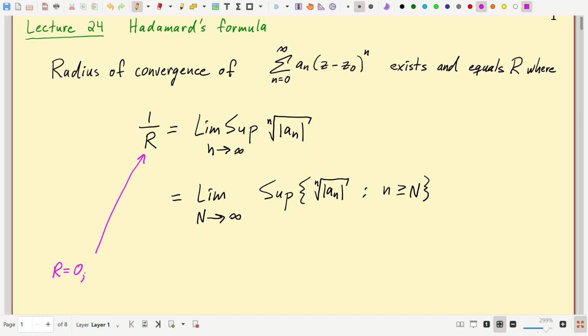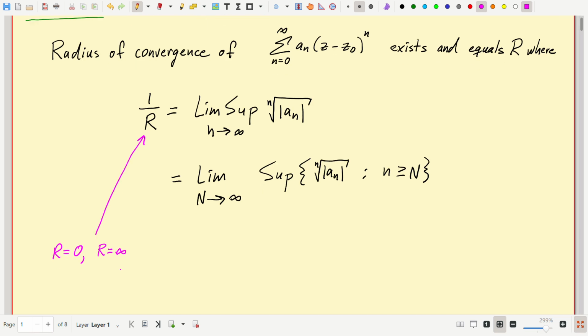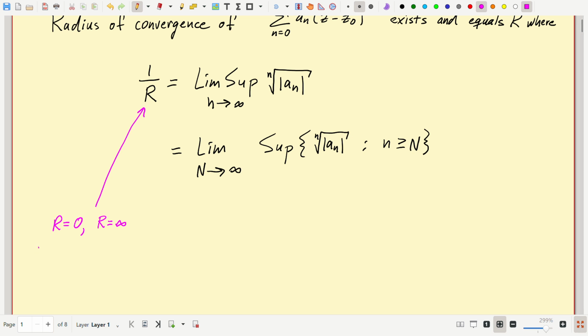The lim sup is always greater than or equal to 0. If that goes off to infinity, then it's the r equals 0 case. And if the radius of convergence is infinite, that means it converges for all complex numbers z. So r equals 0 is the lim sup being plus infinity, and r equals infinity is the case lim sup equals 0. Those cases are allowed.